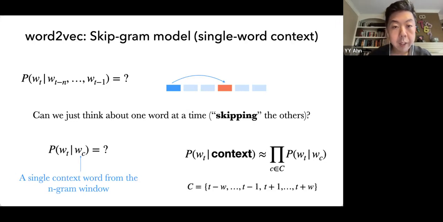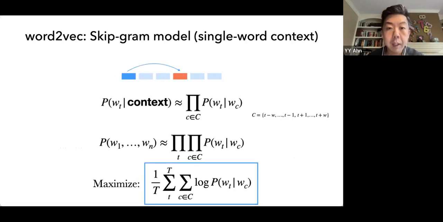Okay, so that's a skip-gram model. And then you can apply this skip-gram model to the whole sentence, the whole data set, by thinking about all possible combinations of context and target words. And that's the likelihood function you want to maximize.